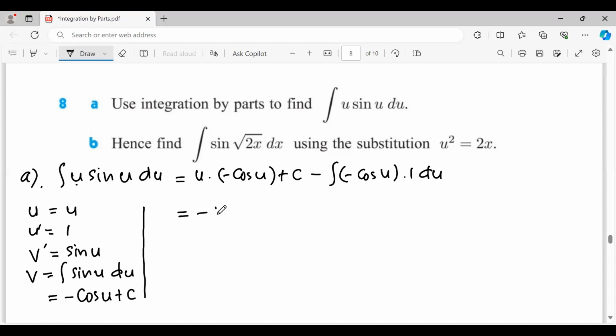It becomes minus u cosine u plus c, being plus, sorry, plus the integral of cosine u du.